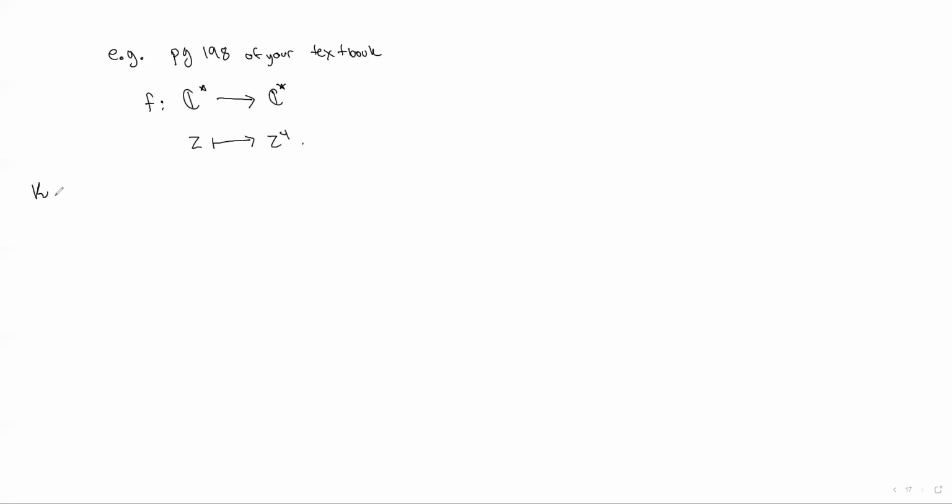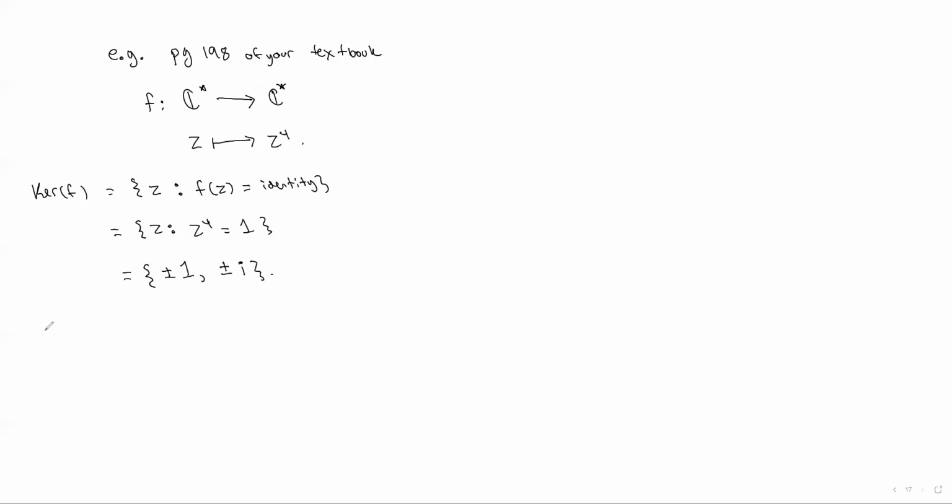So the kernel of f is the set of all z that get mapped to the identity. So it's the set of all z with z to the 4 equals 1. So it's just plus or minus 1 and plus or minus i.